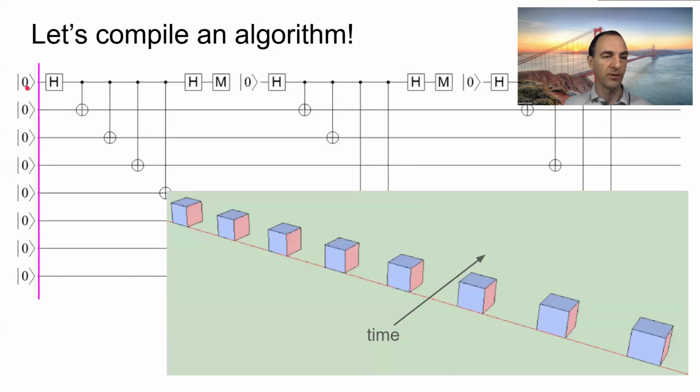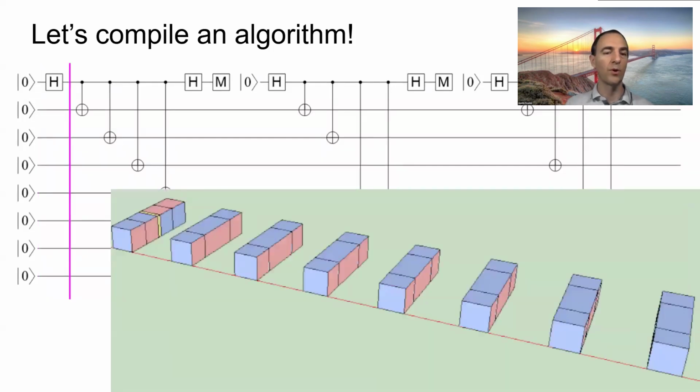But let's start. So logical zero initialization, this is initializing qubits to an eigenstate of Z, blue. That's this phase. So this represents logical zero if time goes this way. So I've chosen time to go that way. You can choose it to go in any direction you wish. Next, we want to add a little bit of memory to all of those qubits and a Hadamard gate to this one.